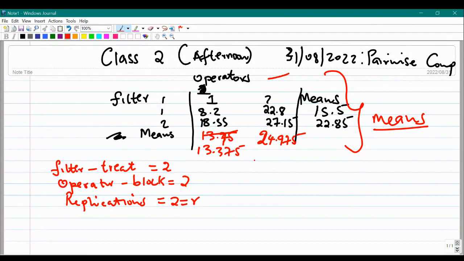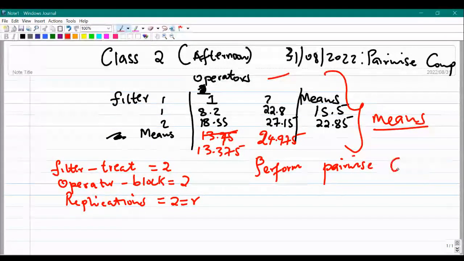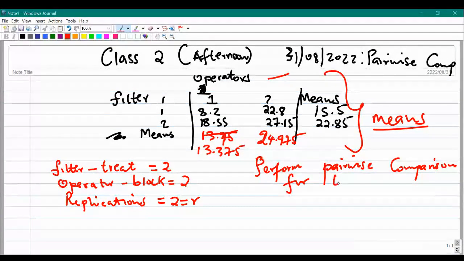So let's perform pairwise comparison for treatment using the LSD method.